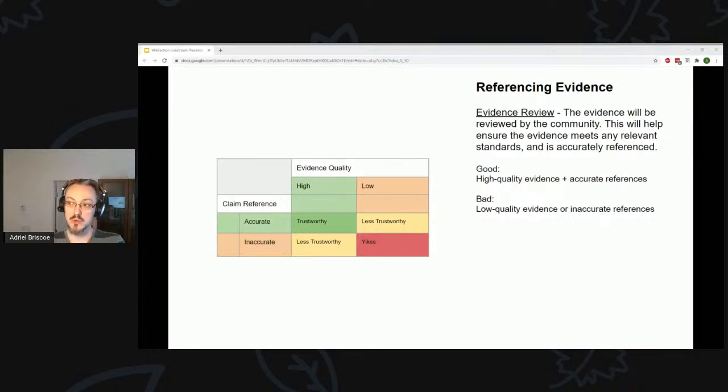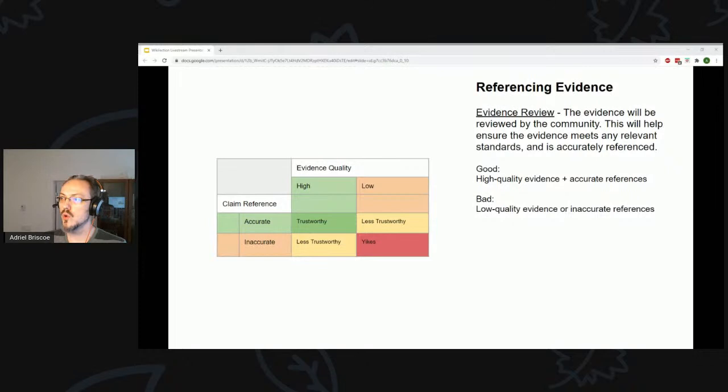When experts are reviewing the content, they're reviewing the content itself, right? So is that study, if we're talking about a scientific study, was it designed properly? Were there any conflicts of interest? Did the outcome, what they're saying that they learned, match what the study actually explained happened? That sort of thing. And so this is a simplified version just showing if it's a high or a low quality piece of evidence.